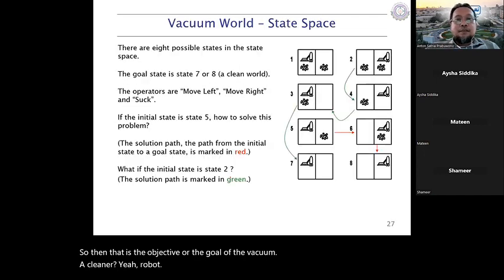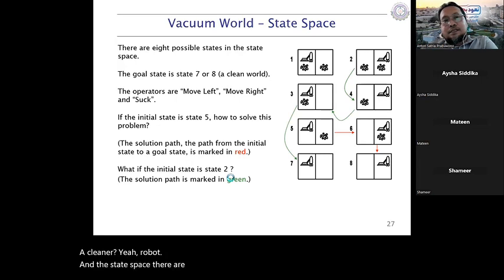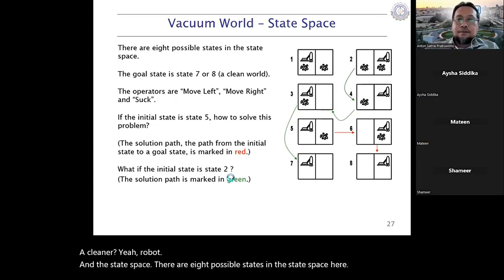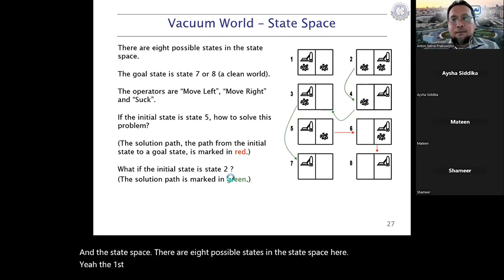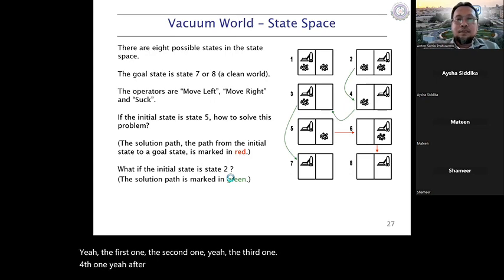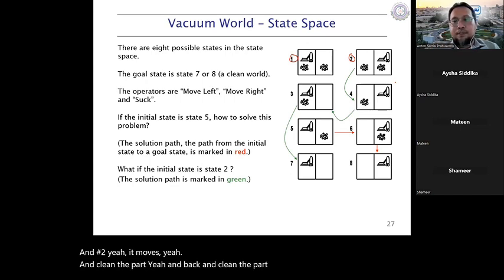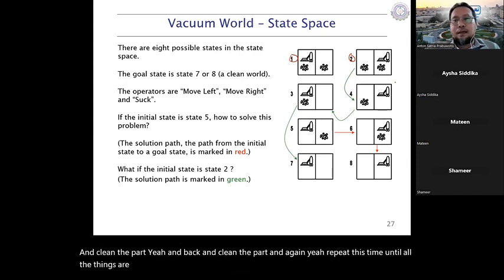And for the state space, there are 8 possible states in the state space here. The first one, the second one, the third one, the fourth one, after finish. These are the initial state, number 1, and number 2, it moves, and cleans the part, and goes back and cleans the part, and again, repeats this until all the dirt is removed.